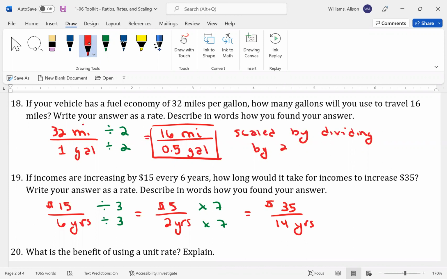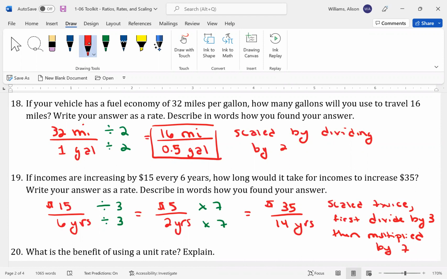So this time we scaled twice. First, we divided by 3, then multiplied by 7.